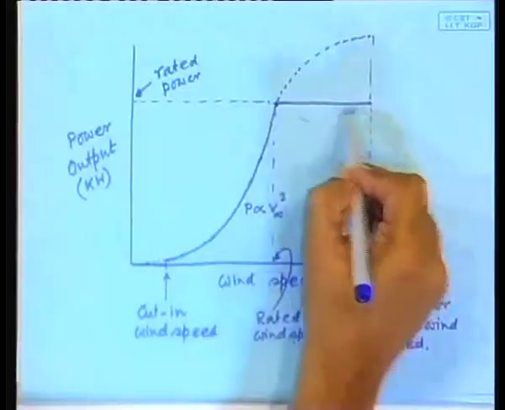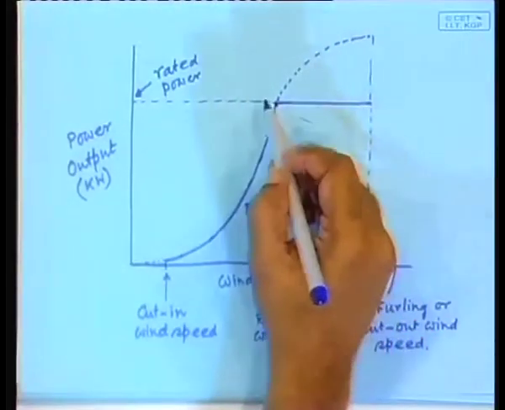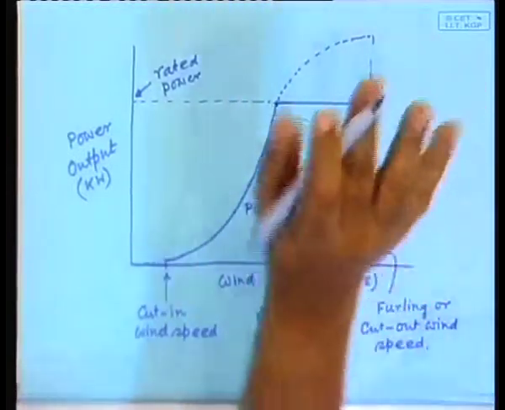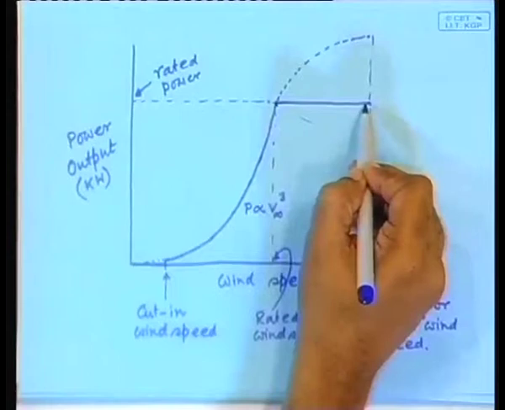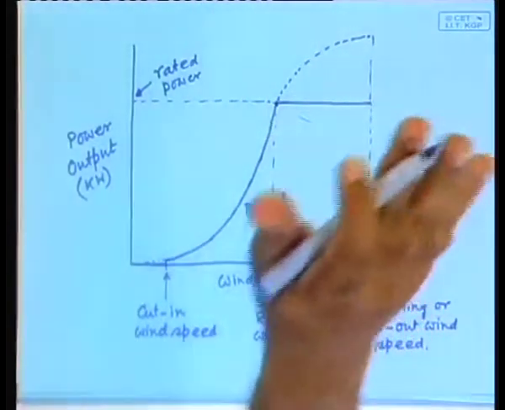But always remember, it should not reduce further. So what pitch angle gives the proper power output, that is to be judged. All the time the power output is measured, and depending on that the pitch angle is controlled.